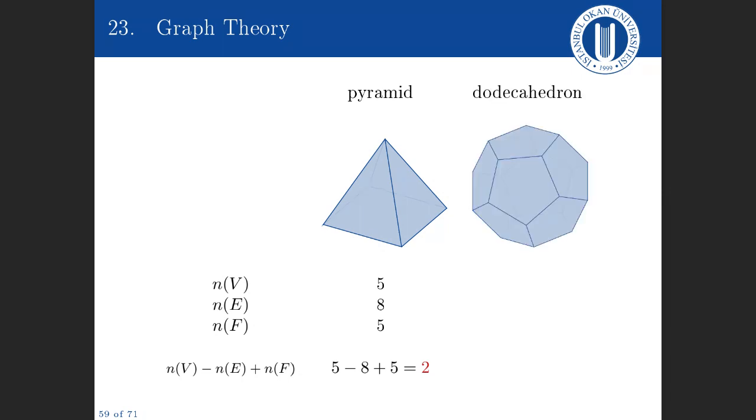A dodecahedron, a 12-sided shape, where each face is a pentagon. There's 20 vertices here, 30 edges, and 12 faces. Let's do Euler's formula. 20 minus 30 plus 12 is, that's 2 again.